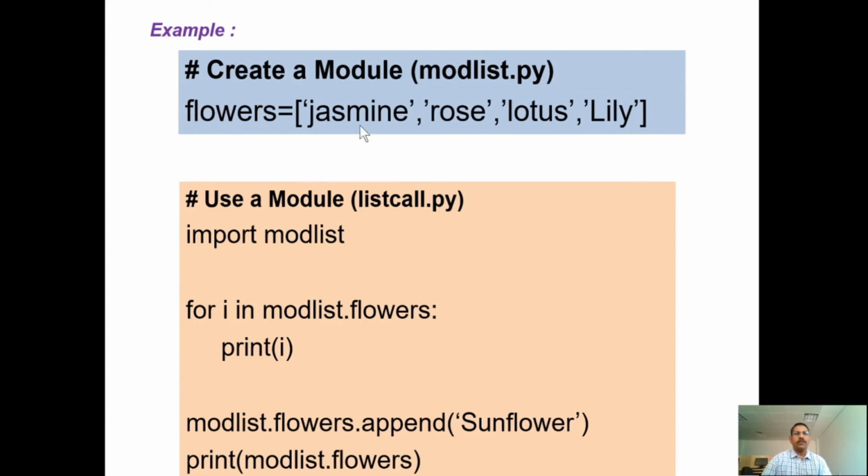See, flowers: jasmine, rose, lotus and lily, created as list items. In the second file we are going to call the same file, and with the use of a for loop we are printing the list items and doing some more operations on the list. Now let me explain the Python program, and you will get more clarity.